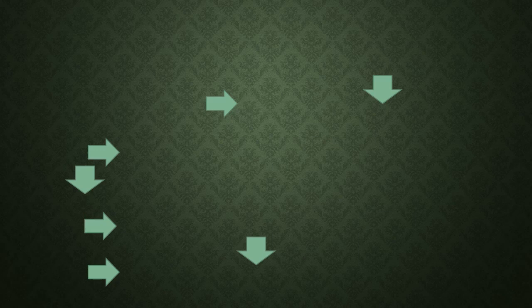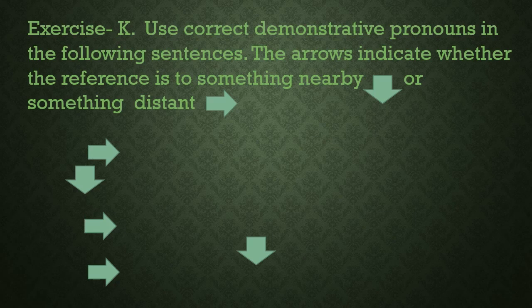Exercise K. Use correct demonstrative pronouns in the following sentences. The arrows indicate whether the reference is to something nearby or something distant. The nearby arrow is downward and the distant arrow is towards the right. So please understand, seeing the arrows, what should we use?